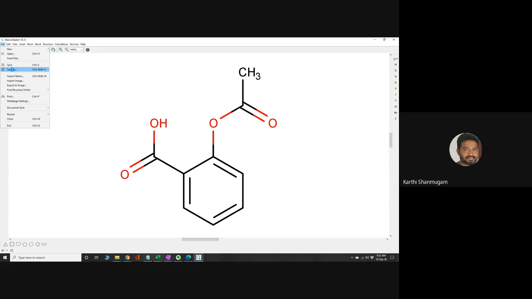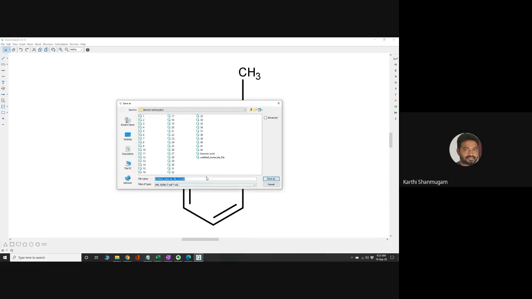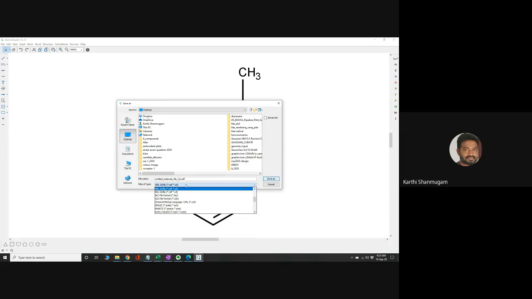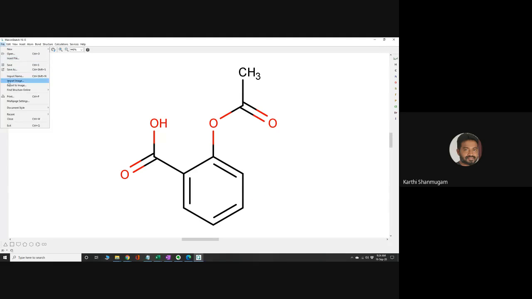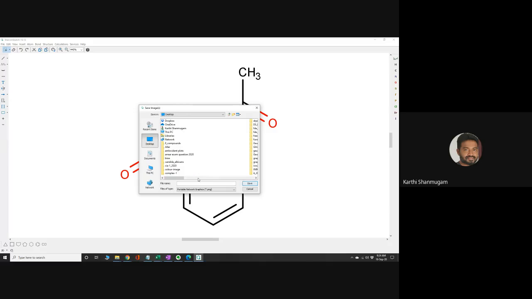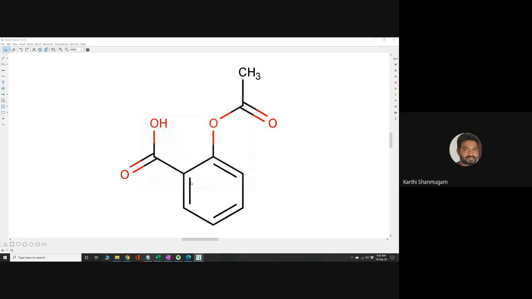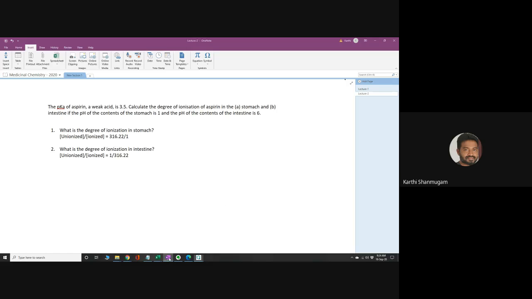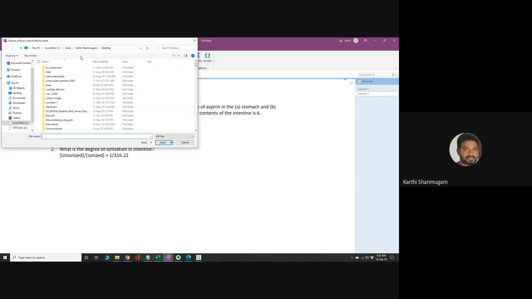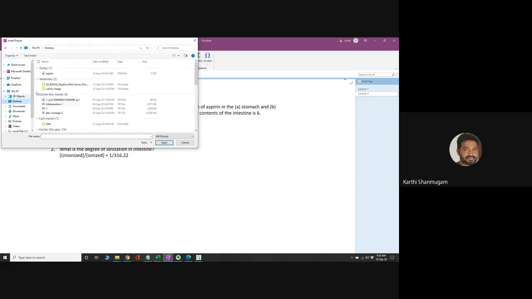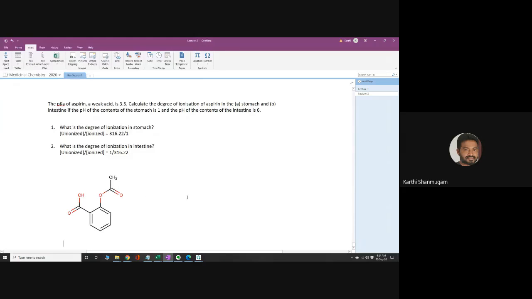File, save as, desktop, aspirin. Insert picture, aspirin. So is the structure visible now?